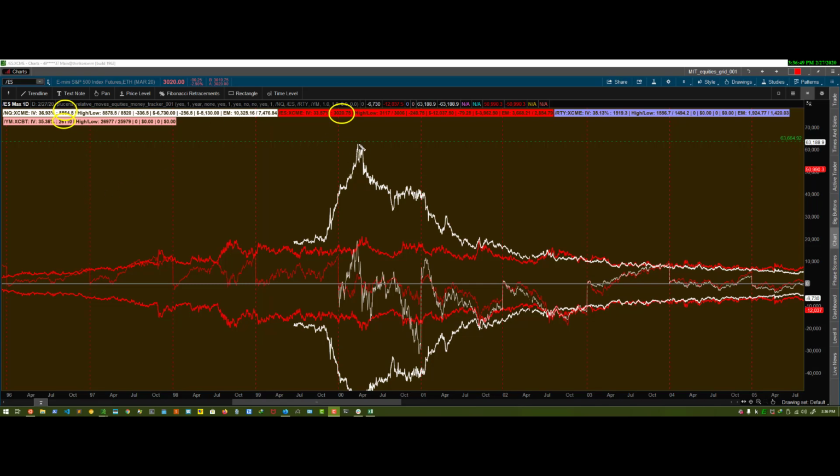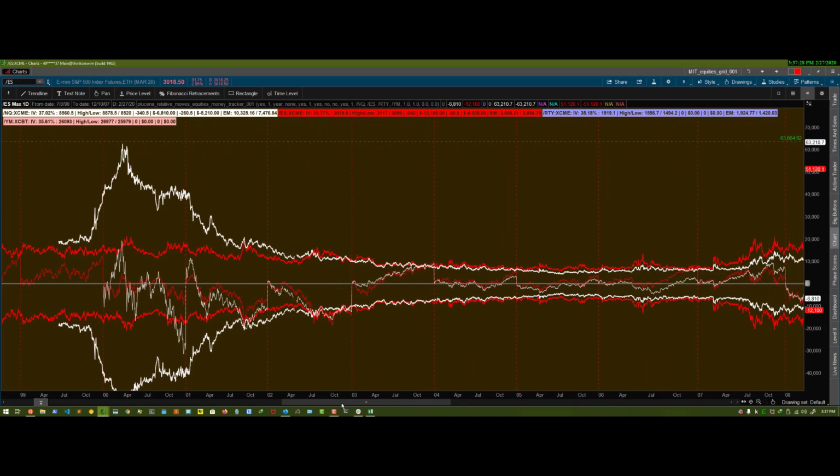So the range takes implied volatility and price into account. Back in the year 2000, implied volatility must have been way higher than 36% on the Nasdaq in order for the range to have been 63,000 back in the year 2000, and Nasdaq was nowhere near those levels of 9,000 and whatever.